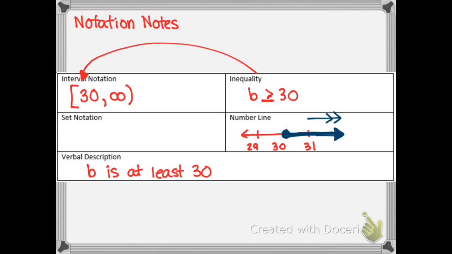Okay, set notation is just like inequality, but it's got a little extra notation. So we're going to use a squiggly bracket, B such that B is greater than or equal to 30. This vertical line segment is shorthand for such that. B such that B is greater than or equal to 30.